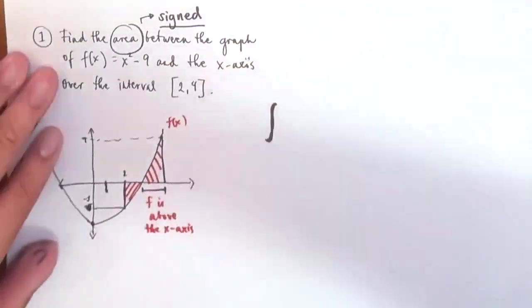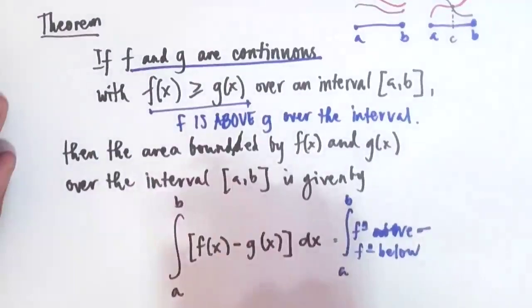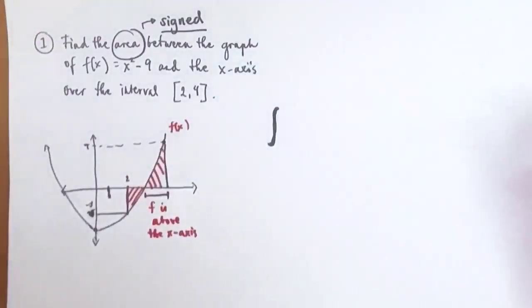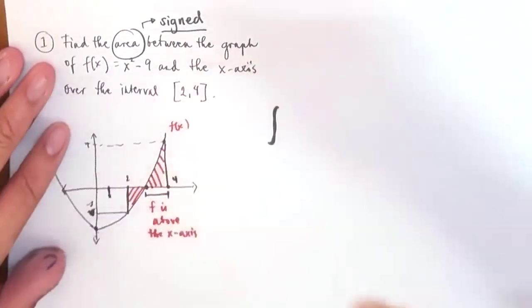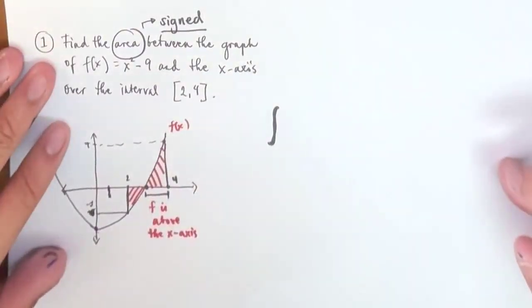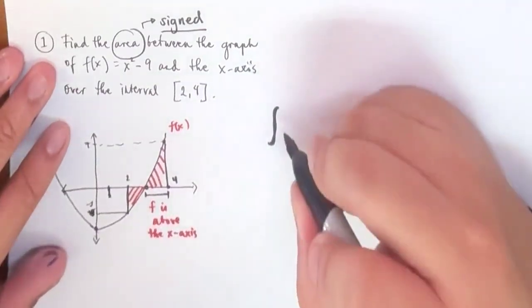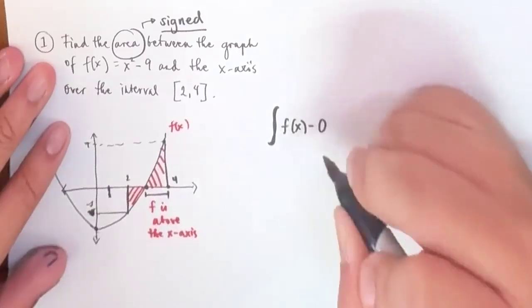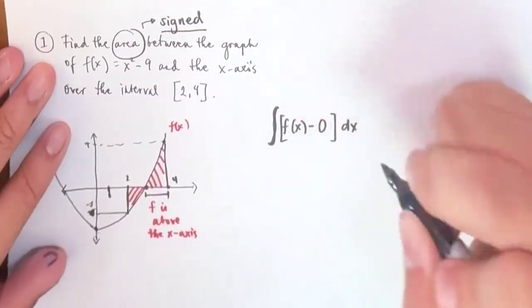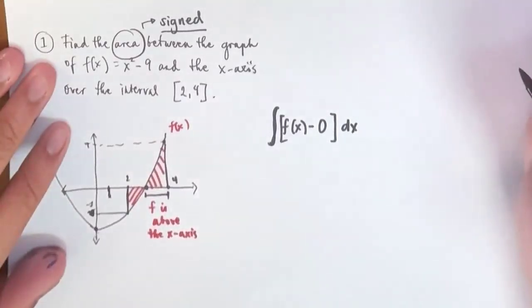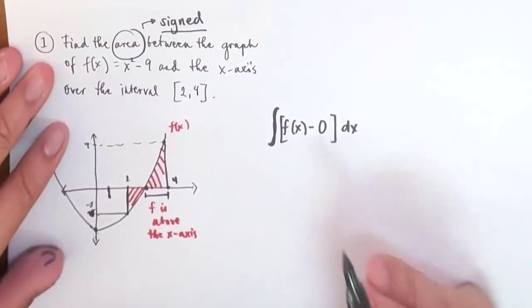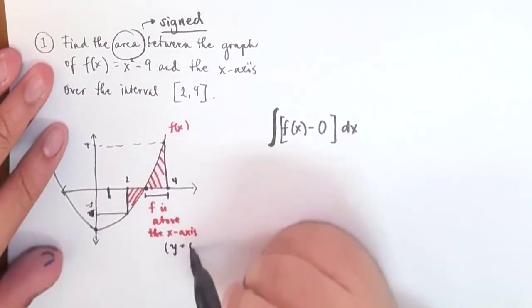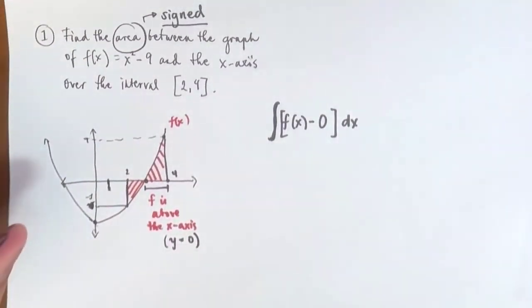So if we use this right here, then from this point to 4, the area will be f of x minus 0 dx, right? Why is it minus 0? This is the function for the x-axis. Remember that the x-axis is y equals 0. Okay? Now, what are the bounds?